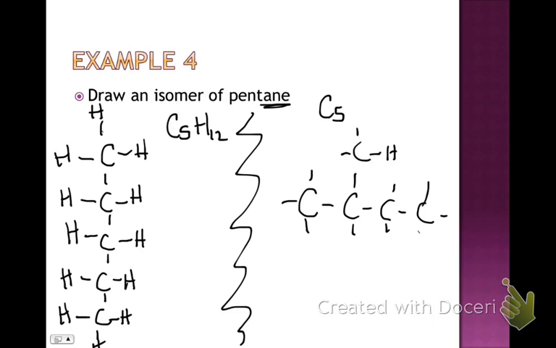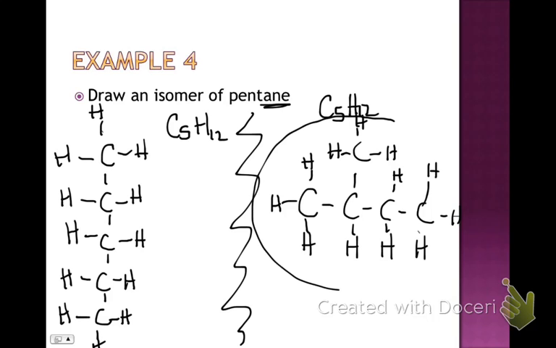Okay, so I have 1, 2, 3, 4, 5, 6, 7, 8, 9, 10, 11, and 12. So I still have 12 hydrogens. So this structure right here is an isomer of pentane. And it's an isomer of pentane because it still has the 5 carbons, but they're not all in a row. I have 1, 2, 3, 4 here, and then another one is branching off there. Whereas here, all of the carbons were in one row.